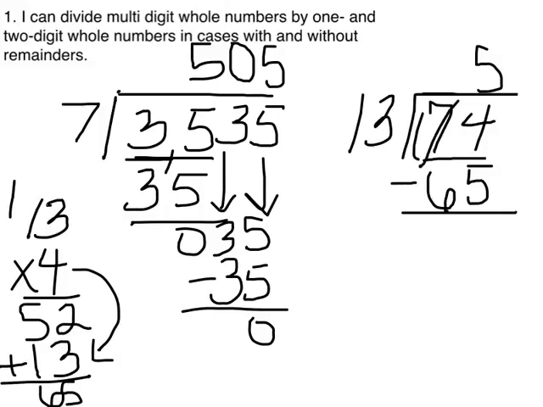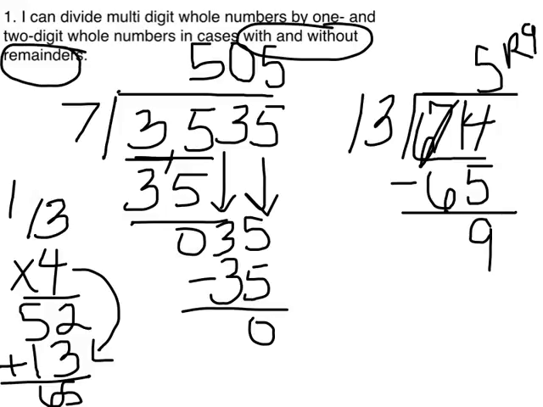Subtract. Can't do that. We have 9. So our answer here would be 5 remainder 9. And this is with and without remainders.